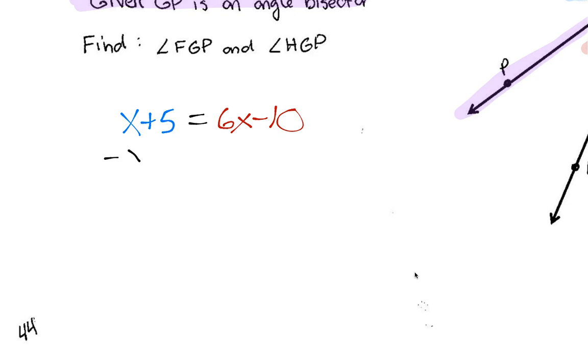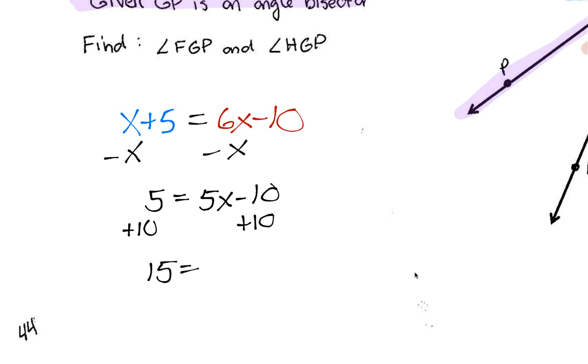I'm going to subtract the x from both sides. I'm going to add 10 to both sides. X equals 3.